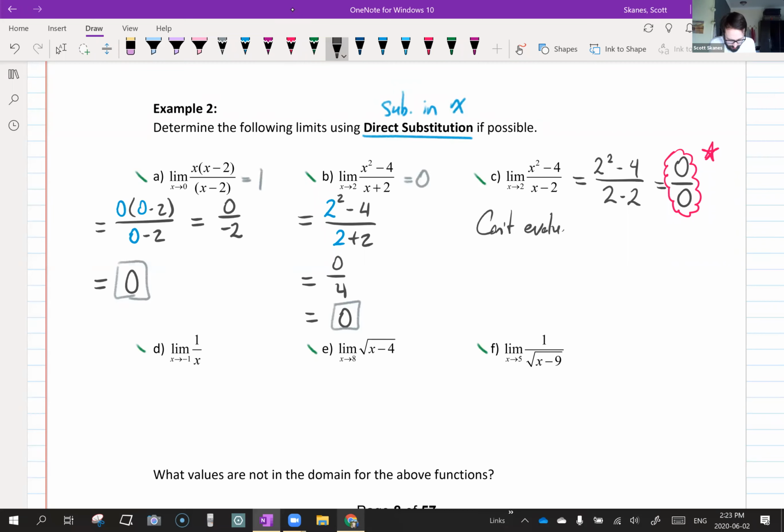We can evaluate it with other methods. So I'm just going to say it can't be evaluated using direct substitution. All right, there's a problem, and just leave it at that. I will teach you other ways of doing this, but for now, I'll say you need other methods.